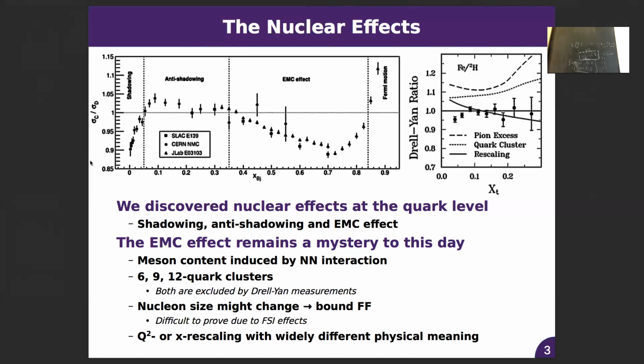Because one of the interesting facts with all this EMC effect and the start of the shadowing is that if you just shift the PDFs in X or Q square, since thanks to DGLAP it's more or less the same, you eventually get a shape that is pretty similar to this one. So that seemed like something very reasonable. I think the main issue with that is that the physics actually behind shifting X or Q square is very different. What you're putting in there is very different.